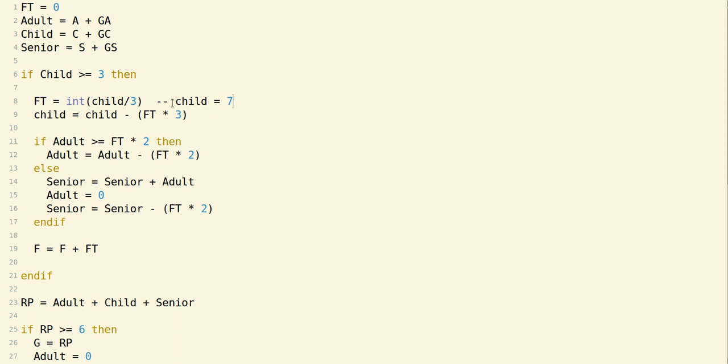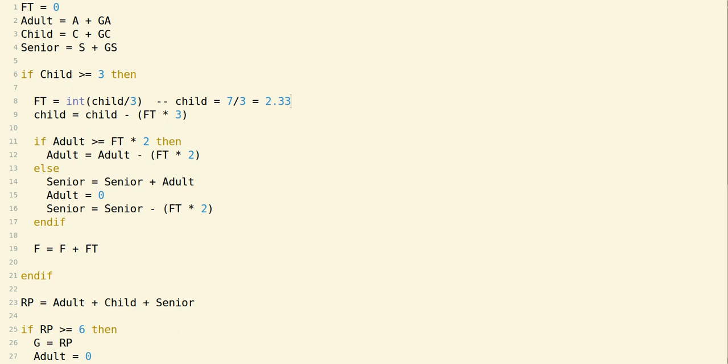We could divide the value of child by 3, and if we divide 7 by 3, it would give us 2.33, which means that 2 family tickets could be bought with this sample value of 7 for child.